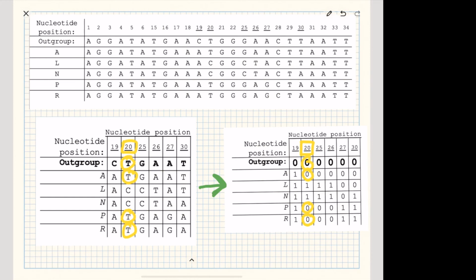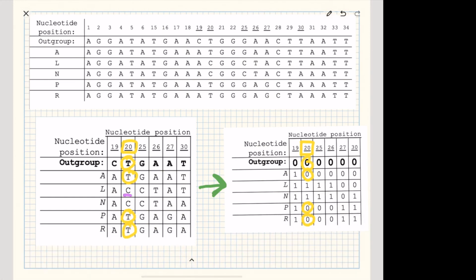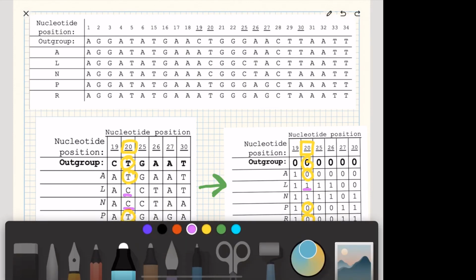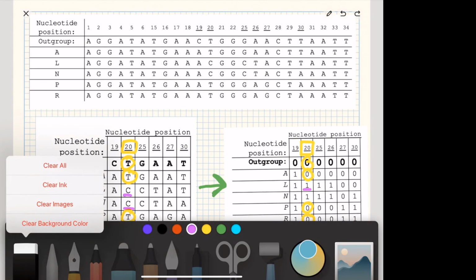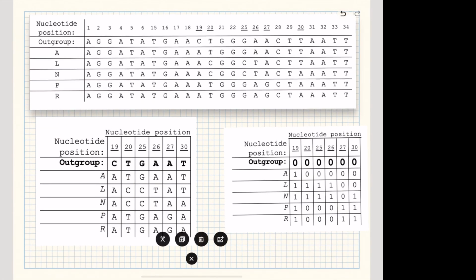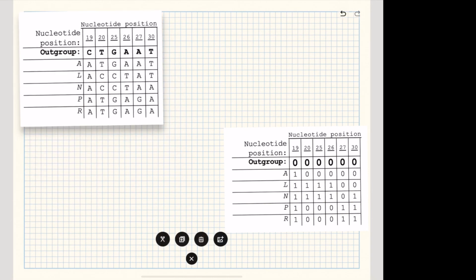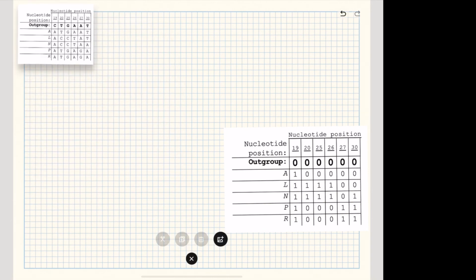All of the other taxa, A, P, and R, that had nucleotide T in position 20 get a 0. While the 2 that had some other nucleotide have the derived condition of 1. That's what L and N have for nucleotide position 20. Now you can see how the 0s and 1s are converted from the A's, T's, C's, and G's.